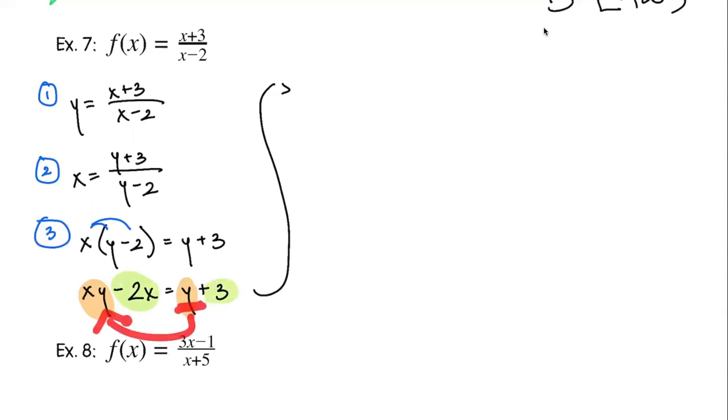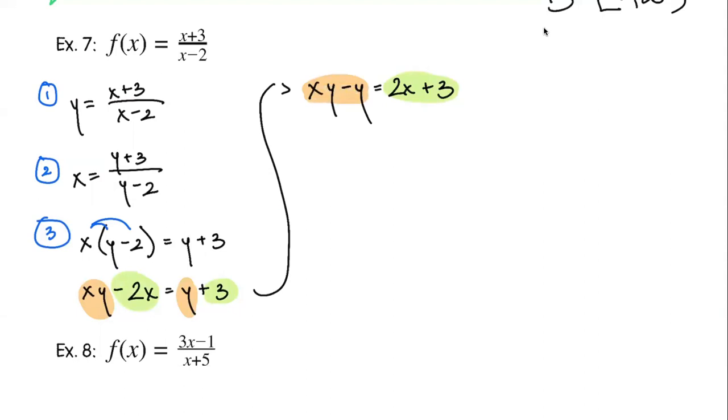I'm going to go ahead and move it to the left-hand side. And then I'm going to take this negative 2x and I'm going to add it to the right-hand side. And so that'll give me xy minus y equals 2x plus 3, right? So I've got all my green terms on one side and all of my orange terms on the other side.